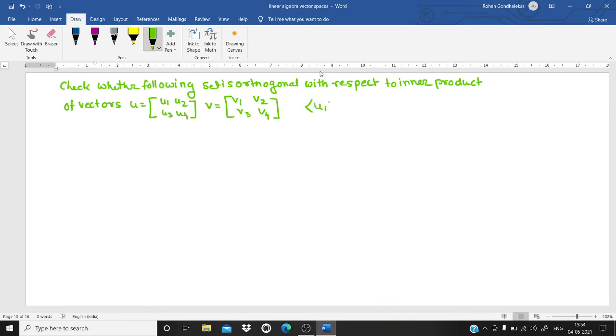Then the inner product of U with V is equal to the trace of V transpose times U. So what we can do is take the two vectors initially.